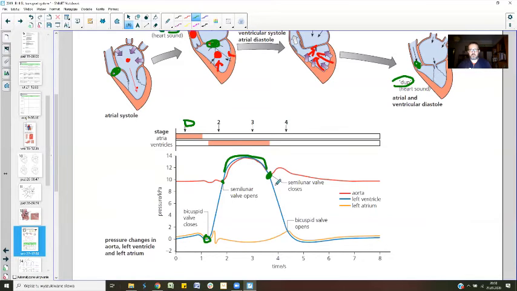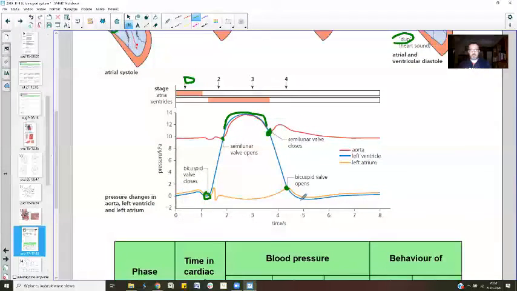When blood pressure in the ventricle drops significantly, it will open the bicuspid valve, because the atrium will collect some blood, and blood will push the valve towards the ventricle, which is already emptied.